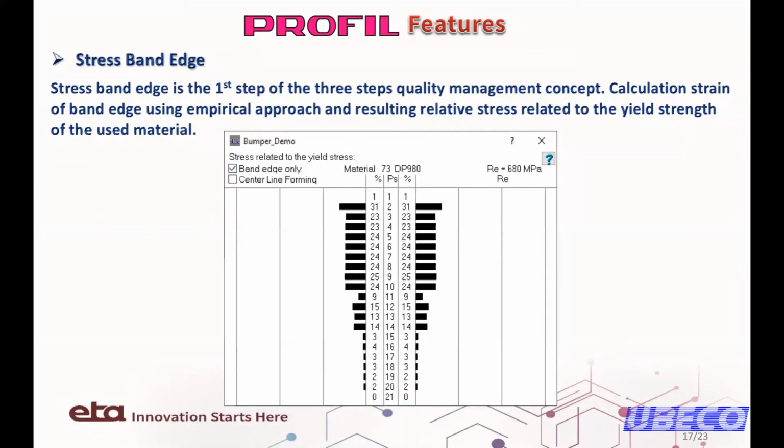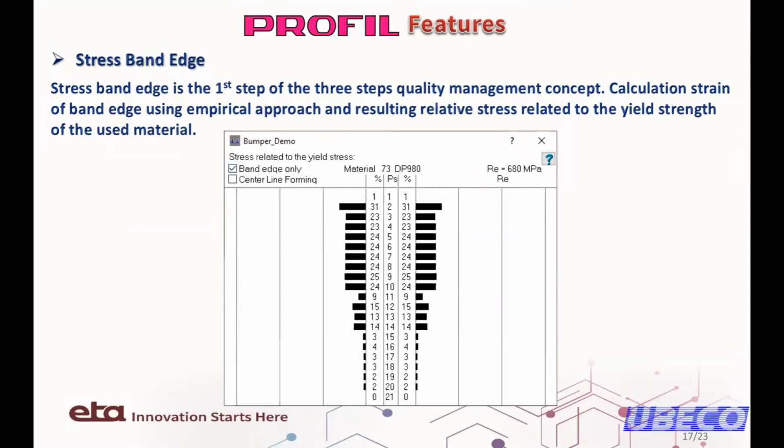Profil offers a 3-step quality management concept. The stress band edge is the first step of the quality management concept. Stress band edge is used to calculate the strain of the band edge by using an empirical approach.